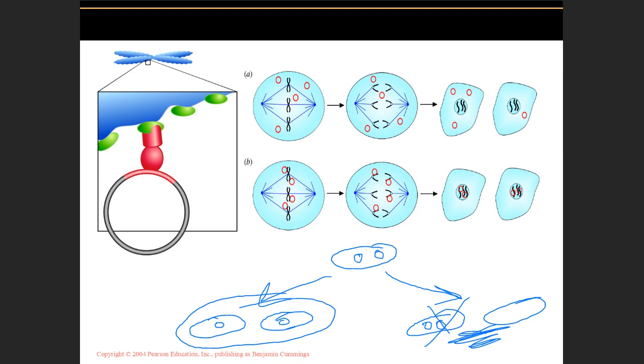And it does so by creating an attachment protein. So you can see the attachment protein here. And so the attachment protein attaches the HPV DNA to a chromosome in the cell, so that when all the chromosomes are replicated, the HPV DNA is replicated, and then when the chromosomes are separated during mitosis, the HPVs get separated and each daughter cell gets a copy.